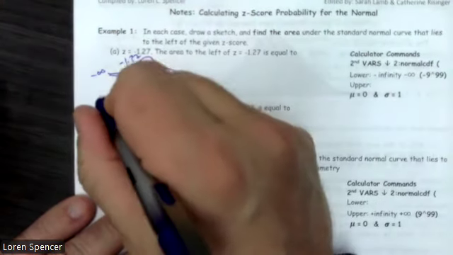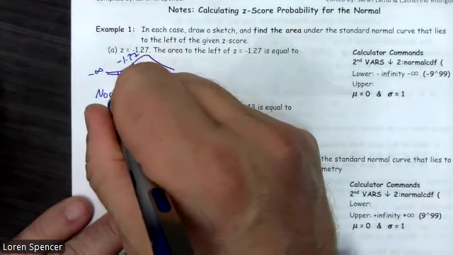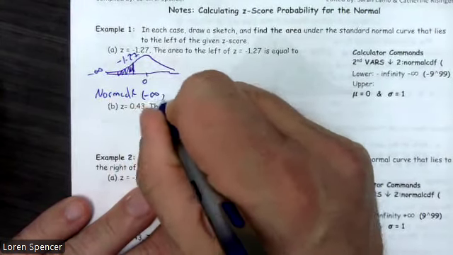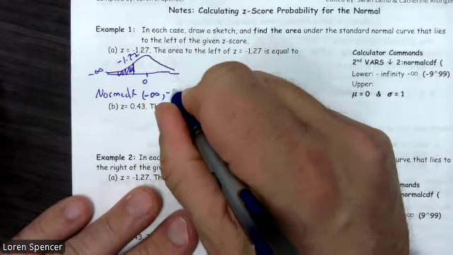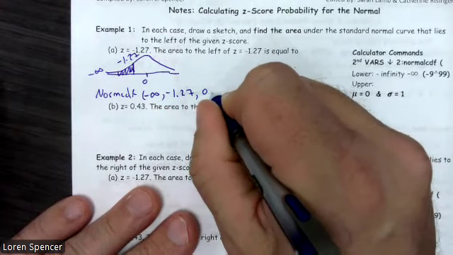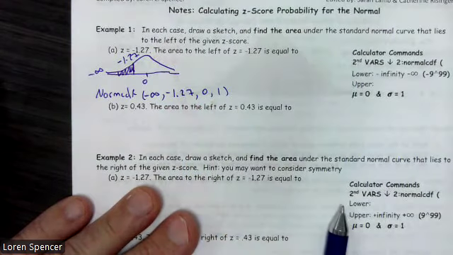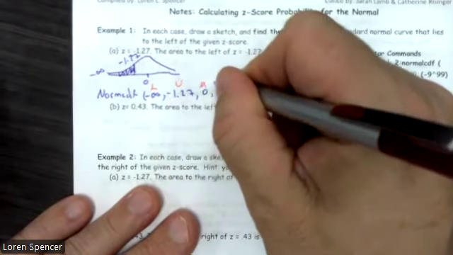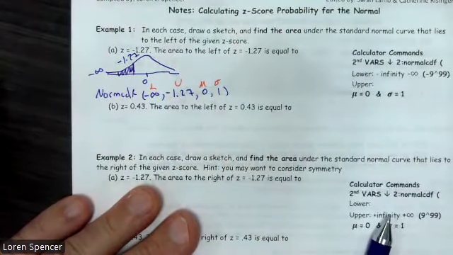So this is a norm CDF, lower bound negative infinity, upper bound negative 1.27, mean is 0, standard deviation of 1. So this is a lower, upper, mean, standard deviation.